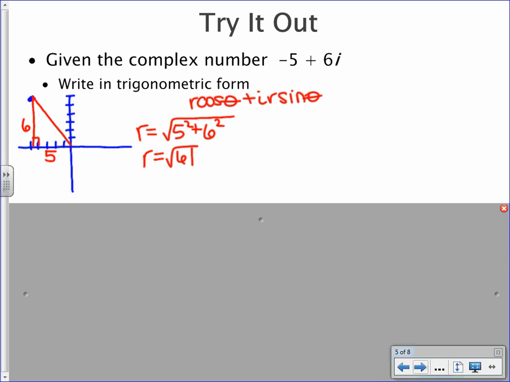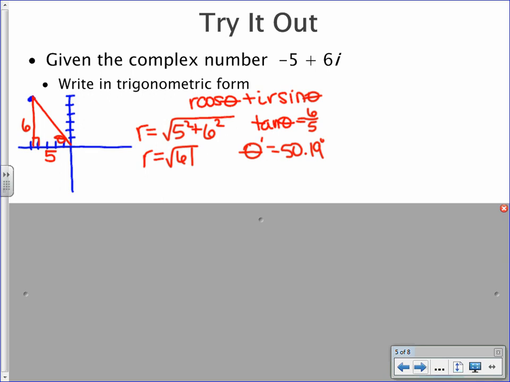How are we going to find the angle? You'll want to take the inverse tangent of 6 over 5. And what does that give you? It's 50.19 degrees.